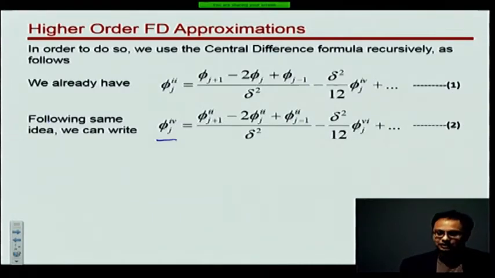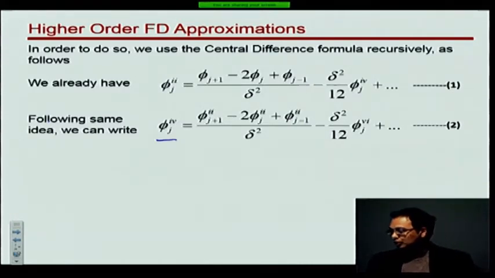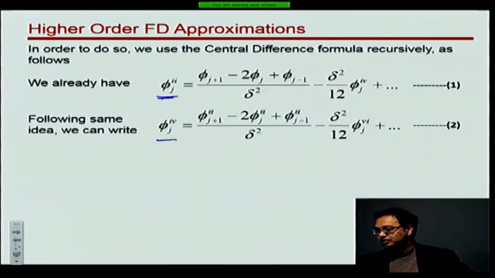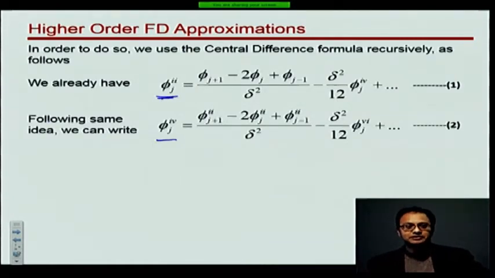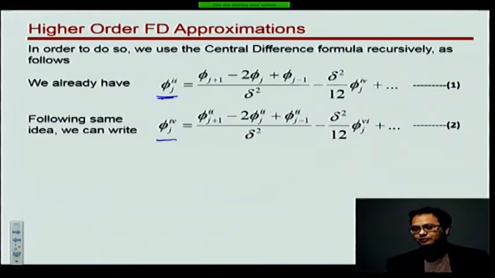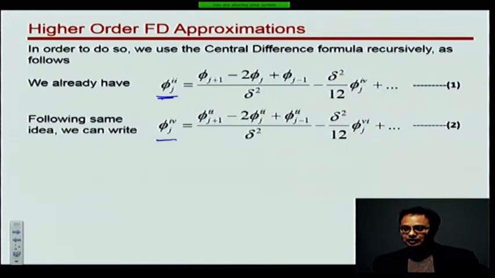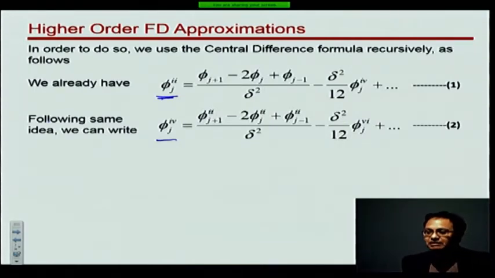So this came out of expansion of a certain function which we called phi, but we could also do the same Taylor series expansions for another function. Let's say we call it g, which is really the second derivative of phi. Okay, so the fact that we are doing Taylor series expansions obviously implies that this function is infinitely differentiable. Otherwise we wouldn't be able to use Taylor series expansions at all.